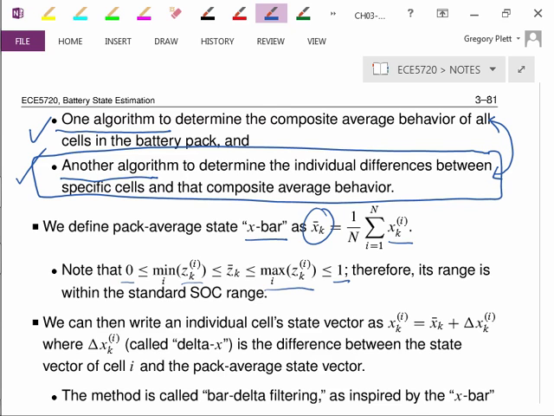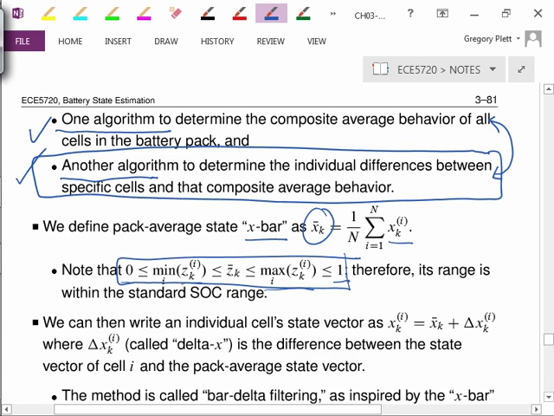And if all are equal to the maximum and I add them together and divide by n, well, the average will be the maximum. But if they vary between the minimum and the maximum, then the average is going to be between the minimum and the maximum. So basically, by a very simple argument, we show that the average state is within the standard range of the individual state, and in particular, the average state of charge is within the standard state of charge range between 0 and 1.